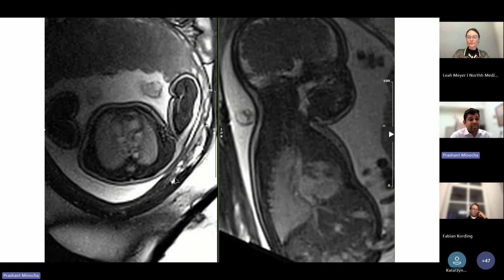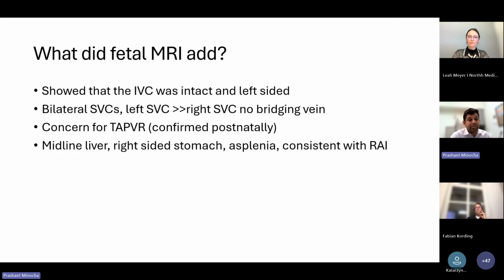And this was confirmed postnatally. So you have a patient essentially with heterotaxy syndrome, DORV, pulmonary stenosis with right atrial isomerism and TAPVR to the larger left-sided SVC.